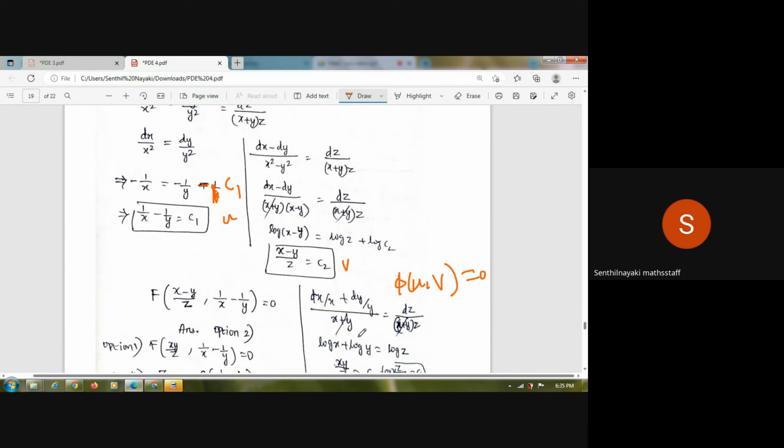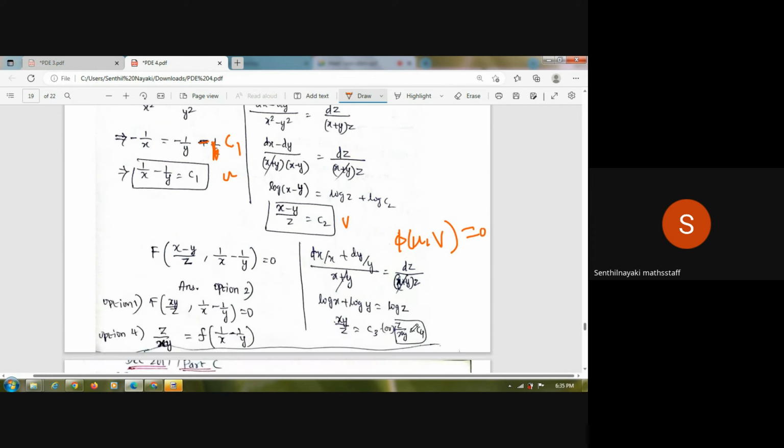The x plus y in the left hand side and the right hand side get cancelled. So we have dx by x plus dy by y equal to dz by z. After integrating, we have log x plus log y equal to log z plus the integrating constant log C3. So this can be written as log xy.